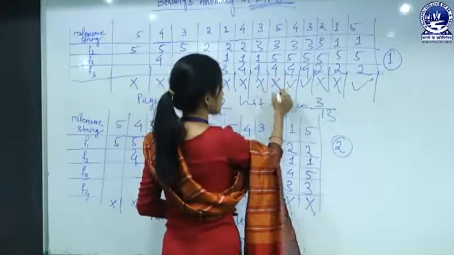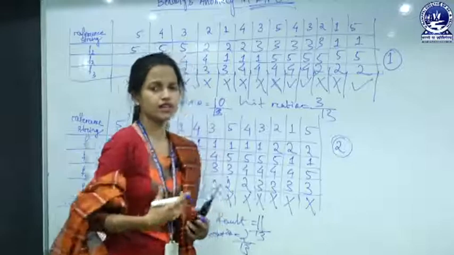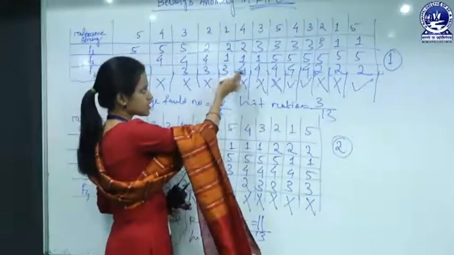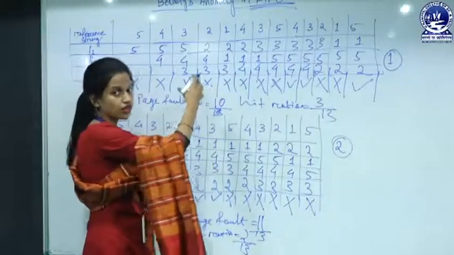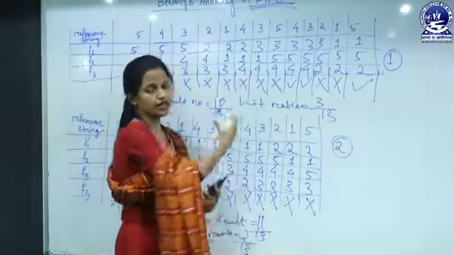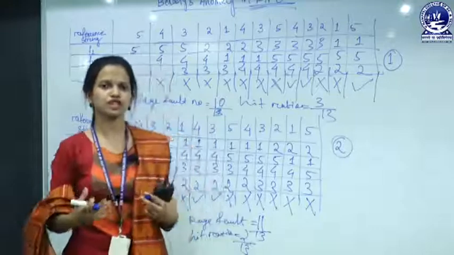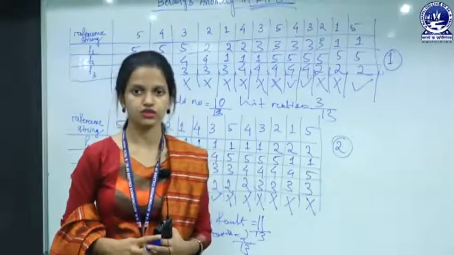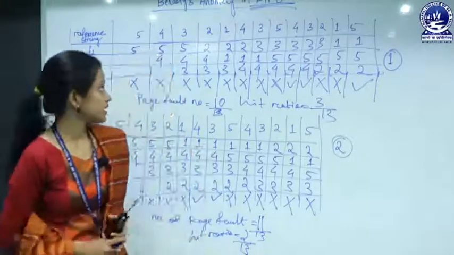Again here is a page fault, so we replaced the active page again and again. When a page has recently come, we replace that page again, so page faults increase in this Belady's anomaly algorithm.